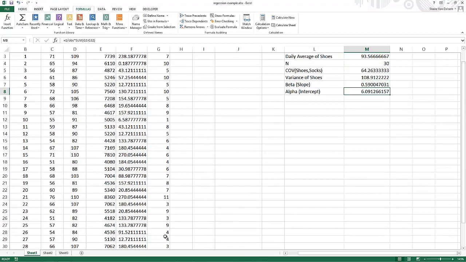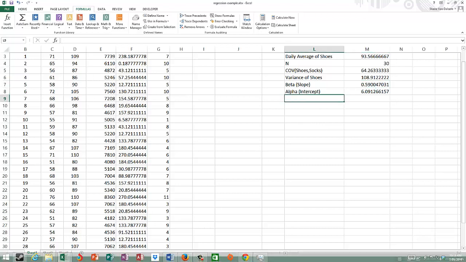So this is my intercept, also referred to generally as alpha. So I'm going to name this alpha. I don't name it intercept, although that may be okay to do. That's also a function in Excel. For the same reason I don't refer to this as the slope, that's a function in Excel. We'll see that possibly later.